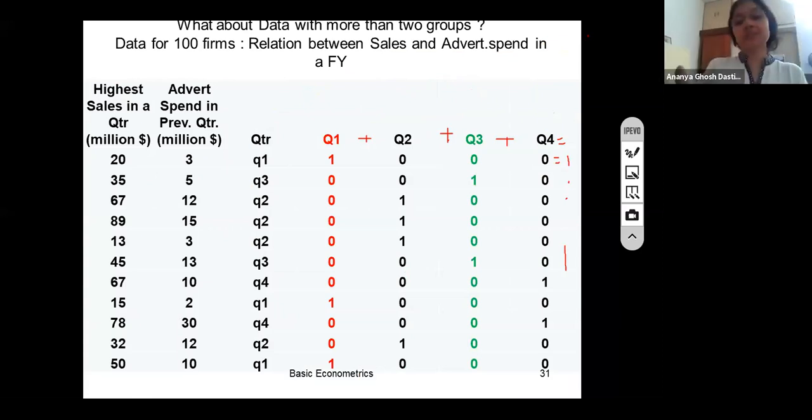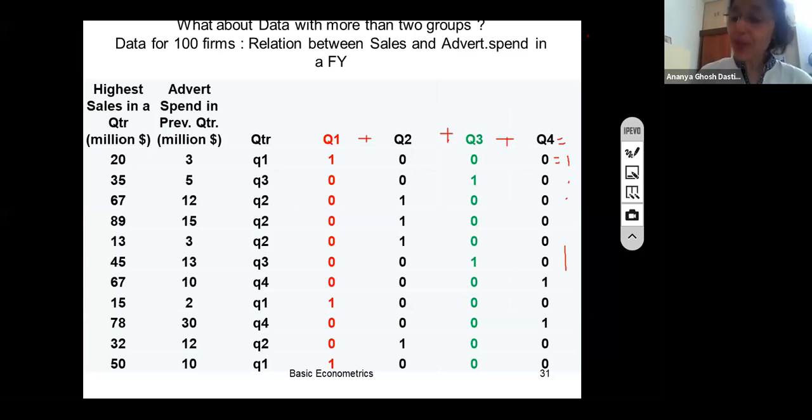Please appreciate this point because this is fundamental to your understanding of the dummy variable trap. When you have data with multiple groups, you can define multiple dummies. But defining dummies doesn't mean putting them in your model, especially if the model has a constant term.